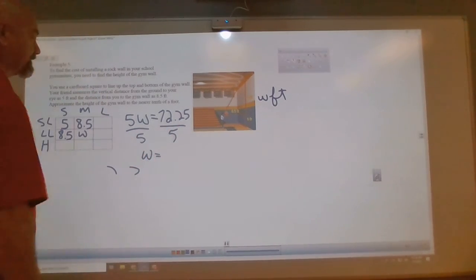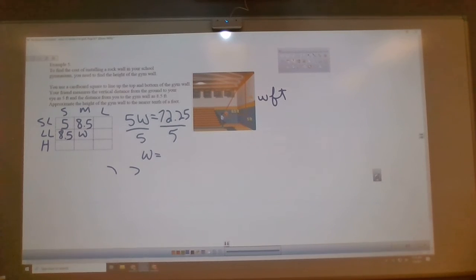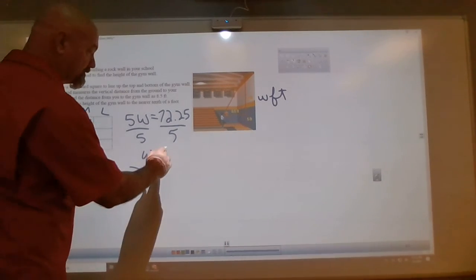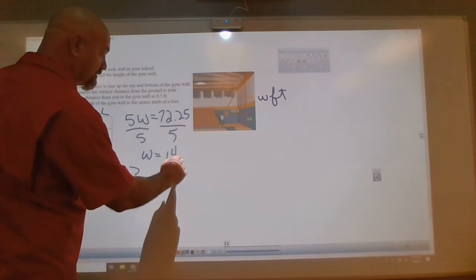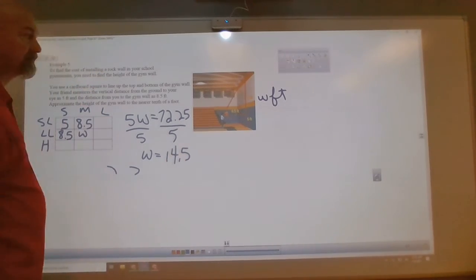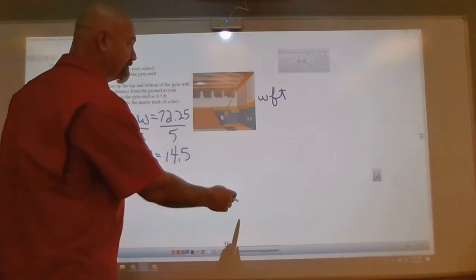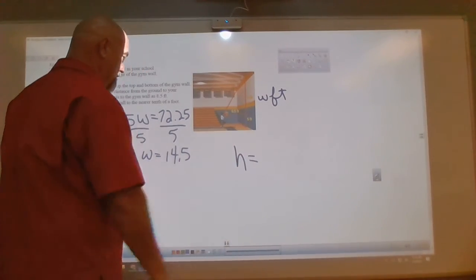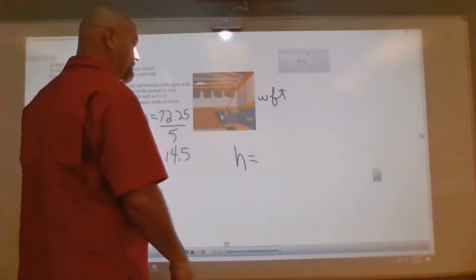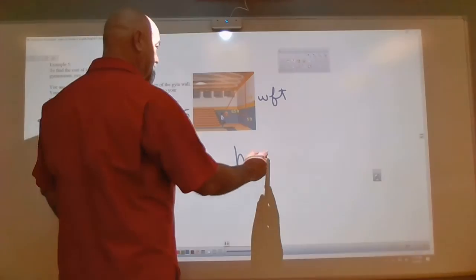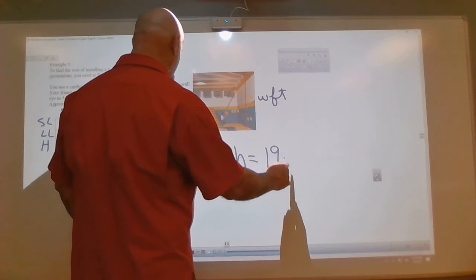So W equals 0.5, yeah. And then you have to add the 5 to it, right? So the height equals 19 point.